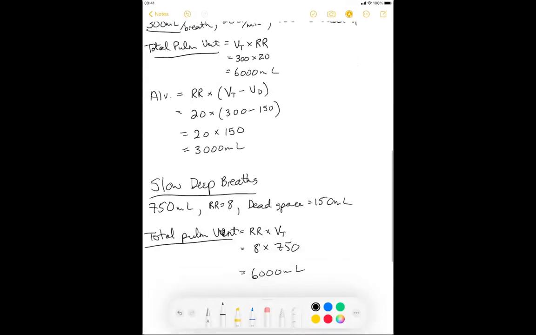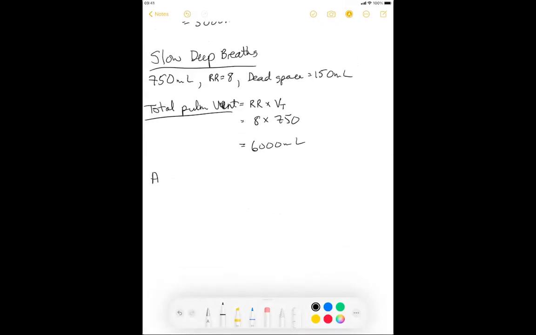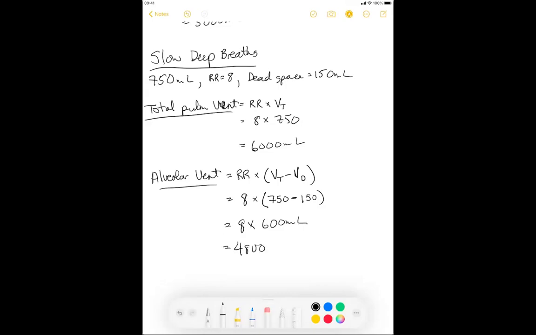But let's look at our total alveolar ventilation. Well, this is equal to our respiratory rate times our tidal volume minus our dead space, always the same. In this case, we get 8 times 750 minus 150 for dead space. We end up with 8 times 600 mils, which is equal to 4,800 mils.